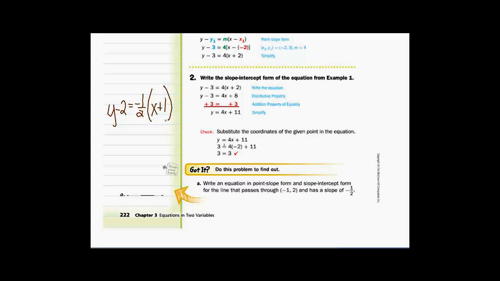Okay, and to take that and make it into slope intercept, you would have to distribute and then add 2 to both sides in order to get rid of that one. So you would have got for slope intercept, y equals negative 1/2 x plus 3 over 2. And you can change that to 1.5 if you wish, but you do not have to.